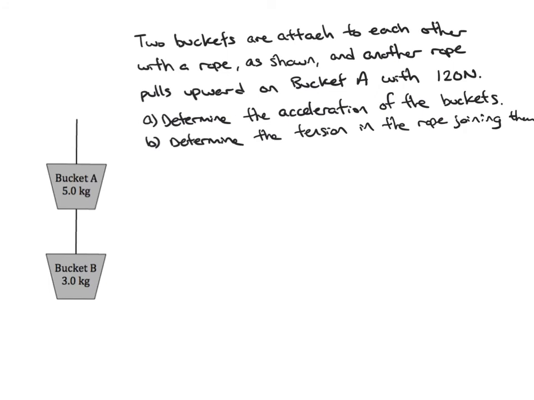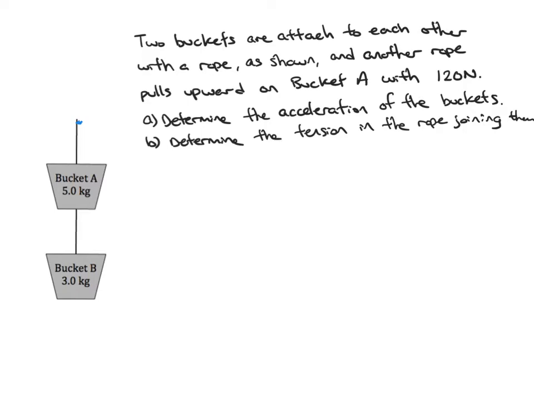And then we just complicate things in the next problem by having 2 buckets tied together. These are vertical buckets. So I've got the top rope holding on to bucket A, but the bottom of bucket A has another rope tied to it that's holding up bucket B. So 2 buckets, 2 ropes.